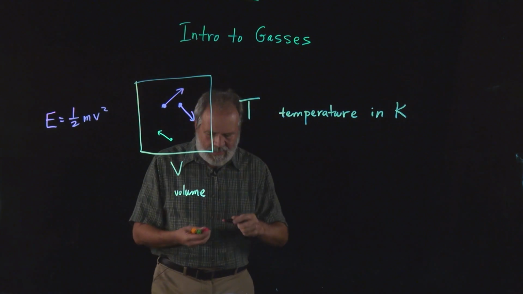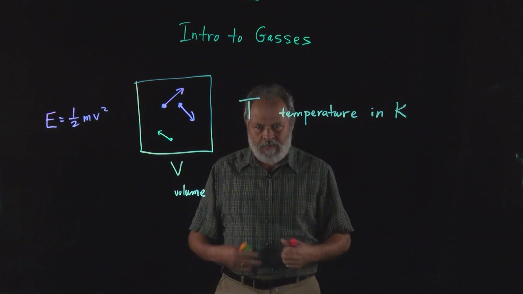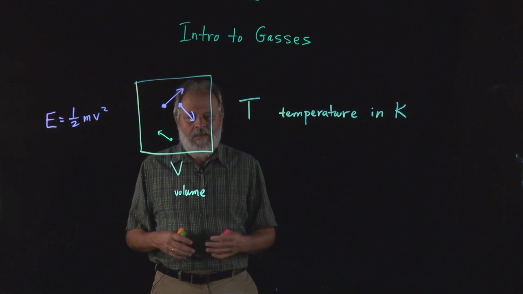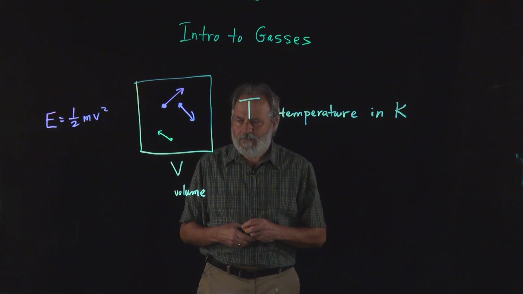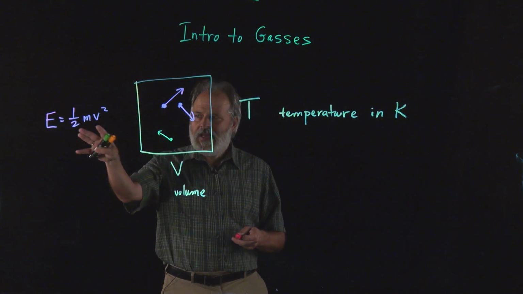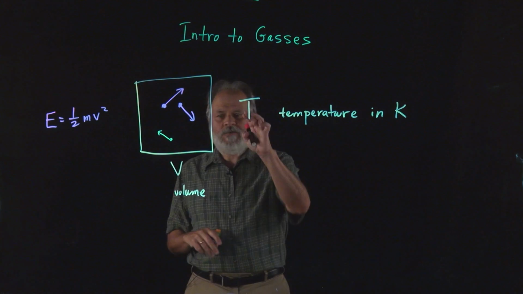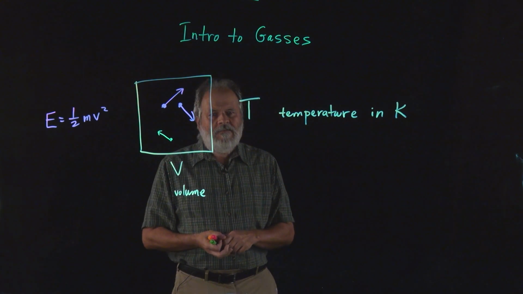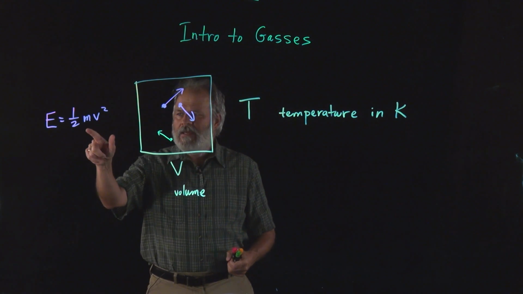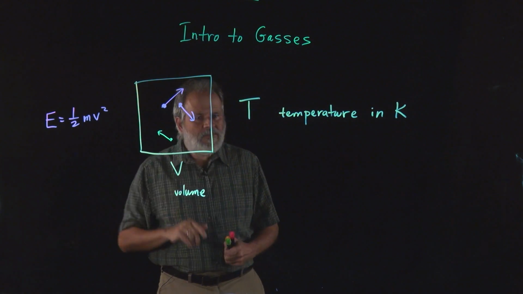Of course, mass can't be negative either, so mass is a positive number. v squared is going to be a positive number, therefore the kinetic energy is going to be a positive number. So each one of these particles has its own kinetic energy, and the temperature is the average kinetic energy of the system. The other thing to note about temperature is that the velocity depends on the mass.